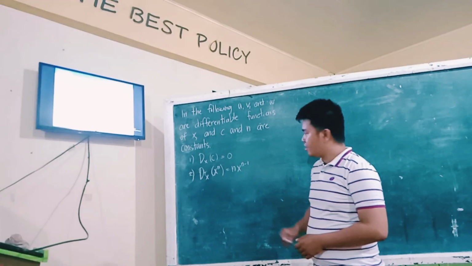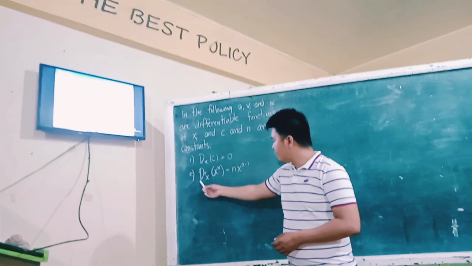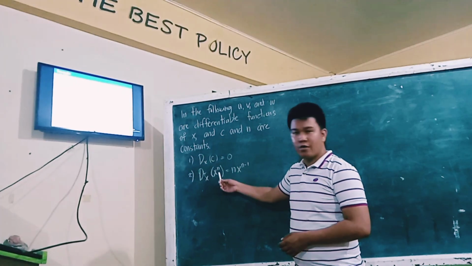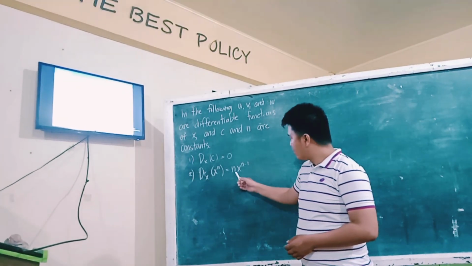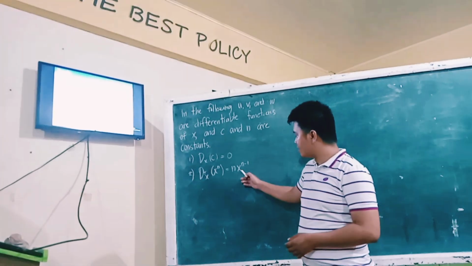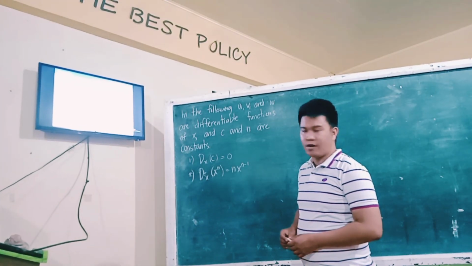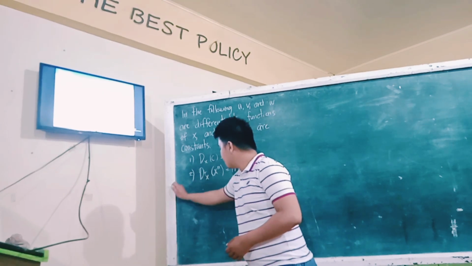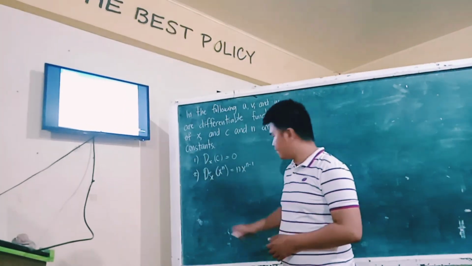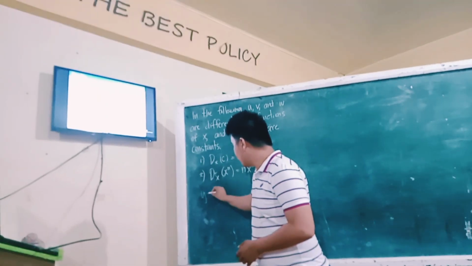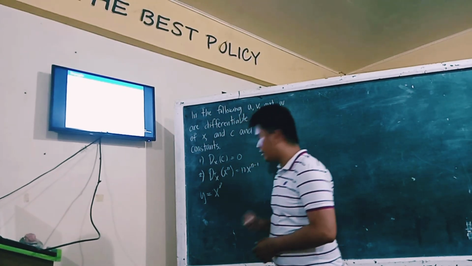By the way, this formula is read as the derivative of x to the power of n with respect to x is equal to n times x raised to the power of n minus 1. Right? To illustrate this formula, I will give you a function. Suppose we have y is equal to x to the power of 8.